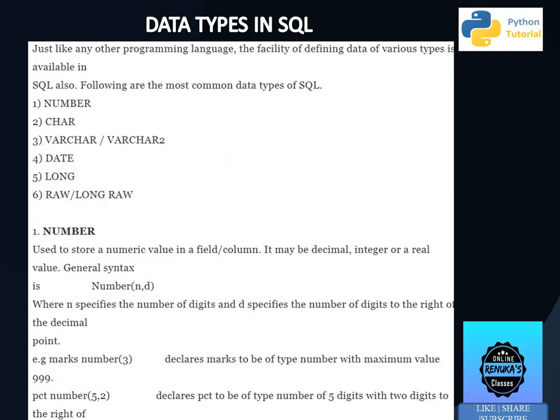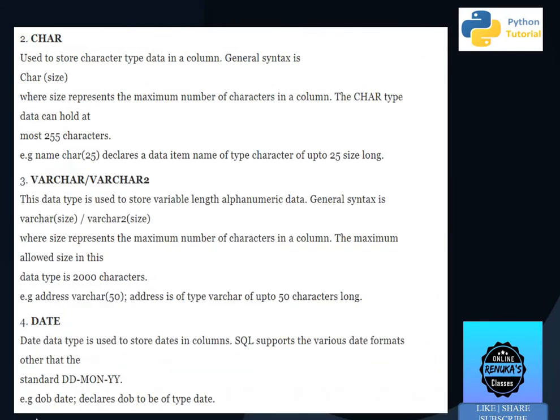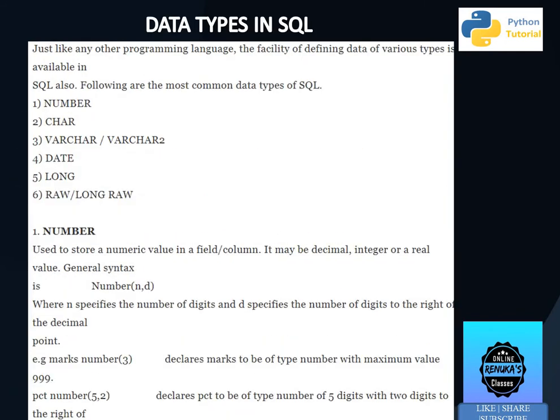Then comes the various data types in SQL, like number, char, varchar, date, long and raw. With number, you can store integer numbers and also decimal numbers. If you are saying marks number 3, marks can hold a maximum of 999.